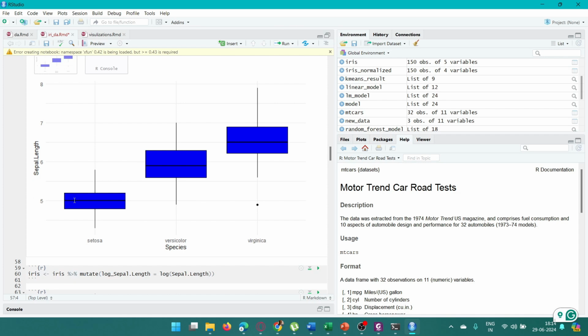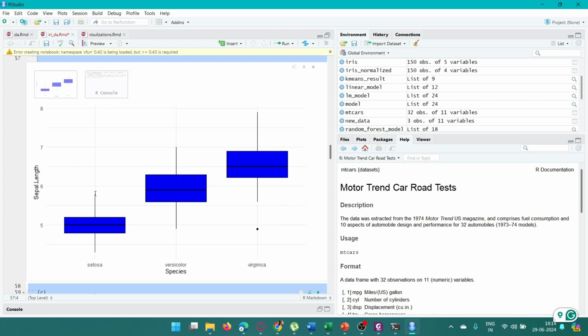So the Setosa flower takes a median sepal length of 5 centimeters, and the maximum sepal length of the Setosa flower is around 5.8. You can see this is 6, so around 5.8 it is taking. So the Setosa flower can be characterized as having a maximum sepal length of 5.8, a median of 5 centimeters, and a minimum of some 4 point something.